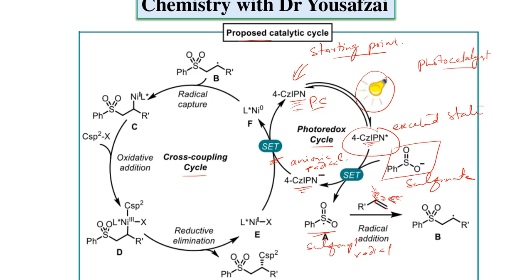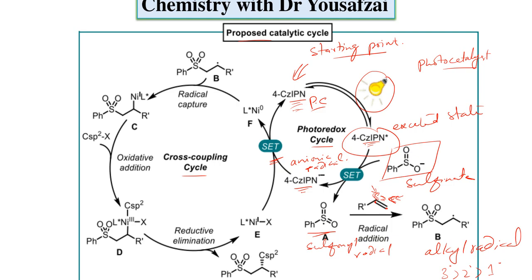But if we talk about the stability of a radical, when this sulfonyl radical is added to the carbon-carbon double bond, as a result an alkyl radical will be produced. And if we talk about the stability of alkyl radicals, a tertiary alkyl radical is much more stable than secondary, and secondary is more stable than primary. So this stability will decide whether the sulfonyl radical will be added to the internal carbon or the terminal carbon.